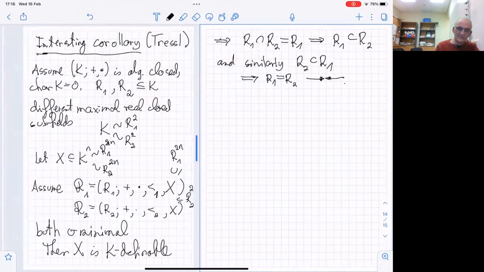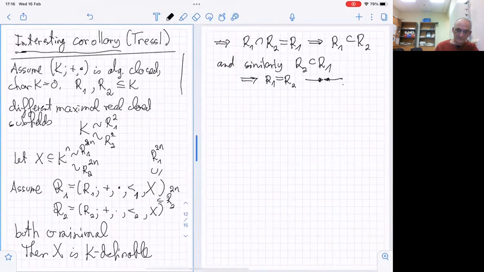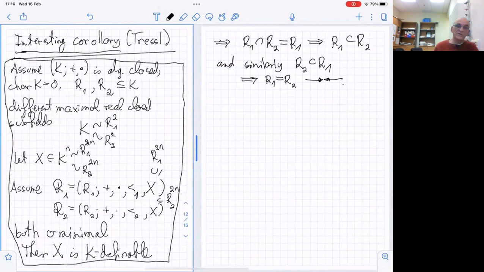If we have an algebraically closed field K, we have two maximal real closed subfields, and we have a subset of K to the n which is O-minimal with respect to the two fields, then the only way it can happen is if X was actually just definable in the field K. It's a complex algebraic object, and this is the only way that the set can be O-minimal with respect to both.